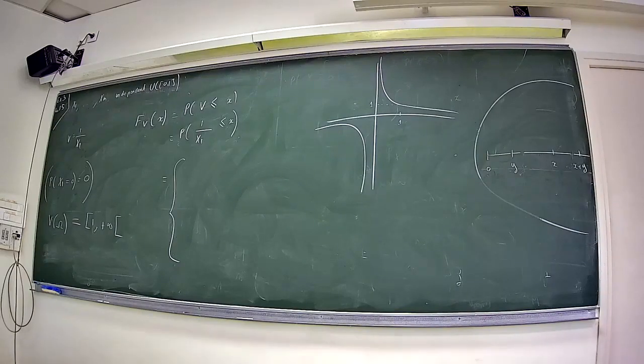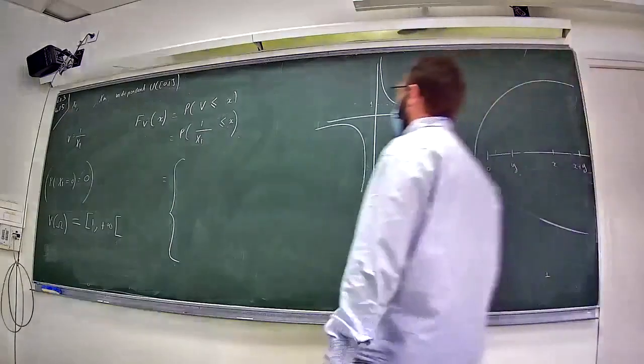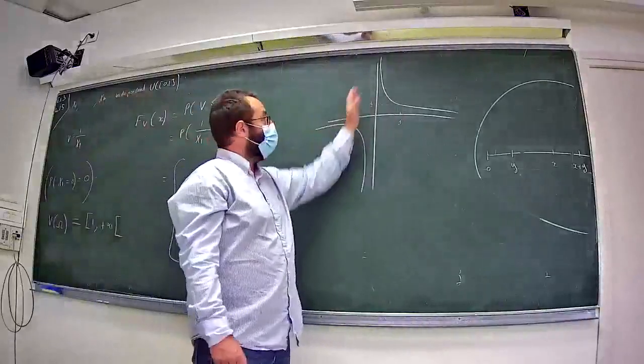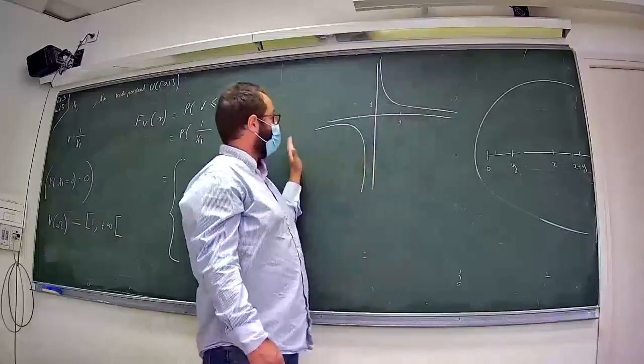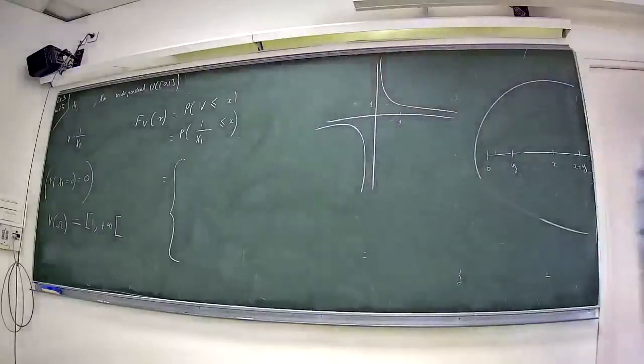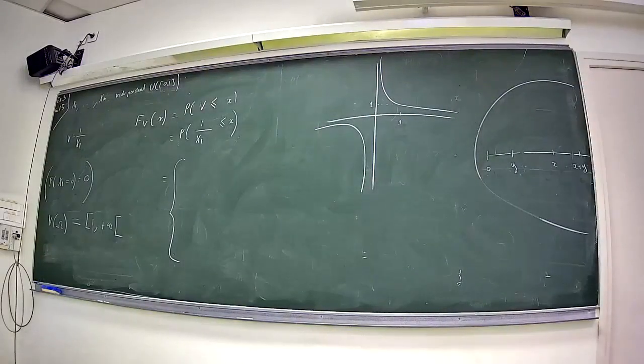Because have a look at the inverse mapping. I have to be careful because I have two parts in the inverse mapping, the part where I am here and the part where I am here. So you have to distinguish between the cases, the case where x is positive or not.